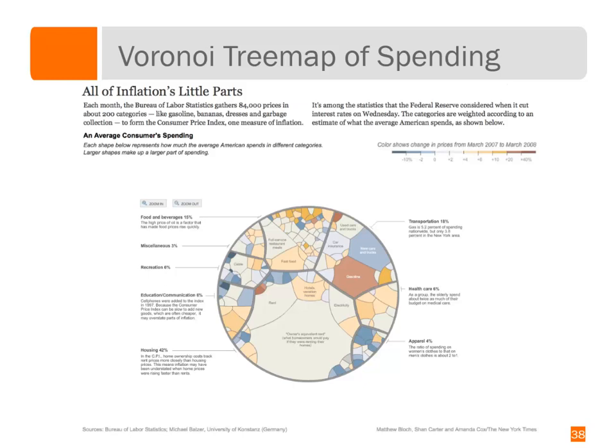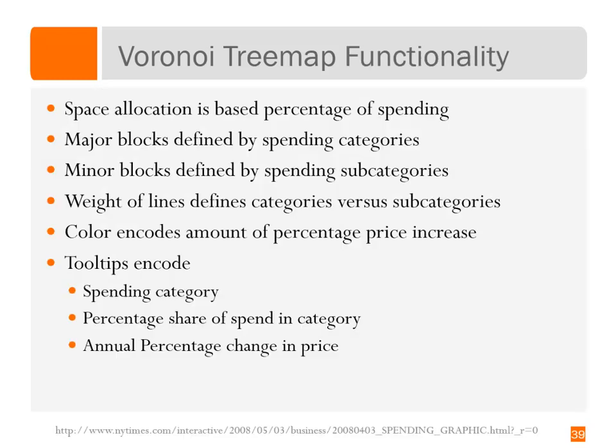And then we have tooltips that help us define what is the spending category, the percentage share of spend in that category, and the annual percentage change in price for that category. There's an overview of the things we just discussed, and then we'll go ahead and summarize for tree maps.